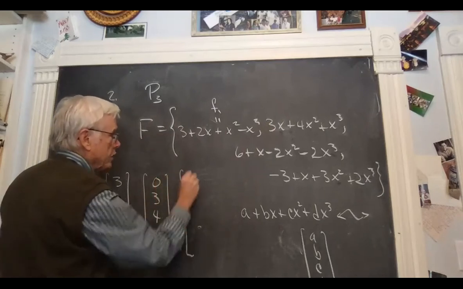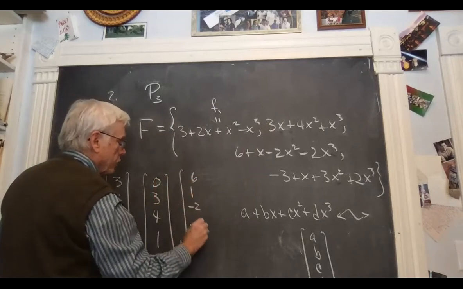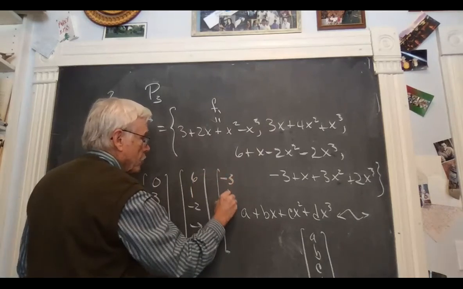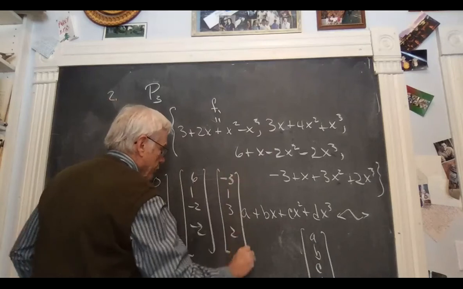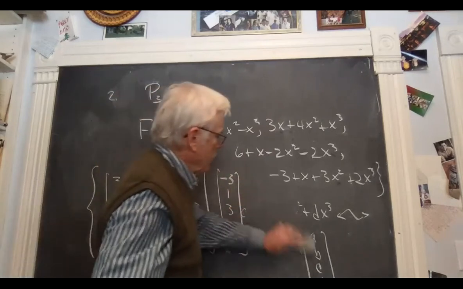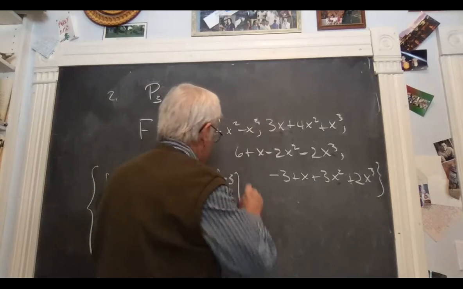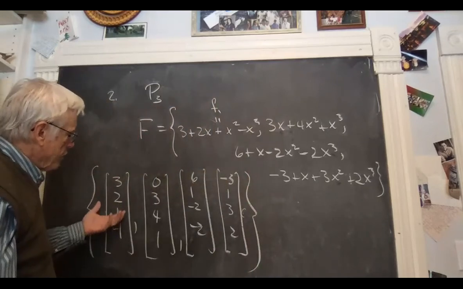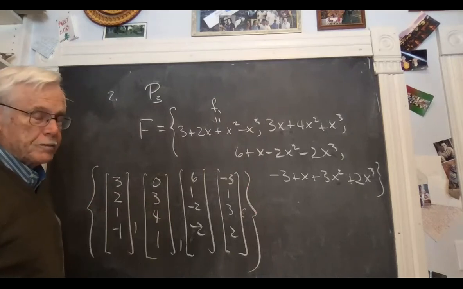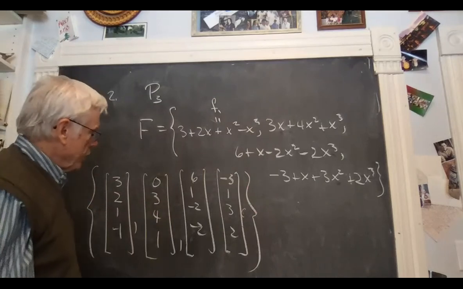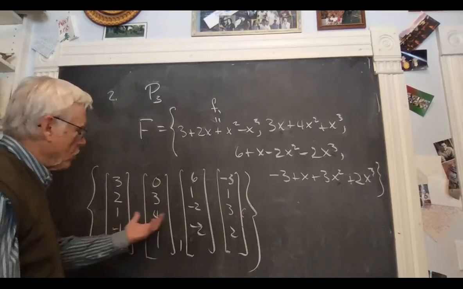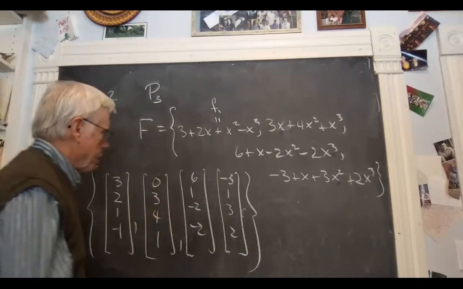The next one, 6, 1, minus 2, minus 2. And the last one translates to minus 3, 1, 3, 2. So this collection of polynomials is coded by this collection of vectors. And so what we want to do is see how many of these are independent, where the dependencies are.